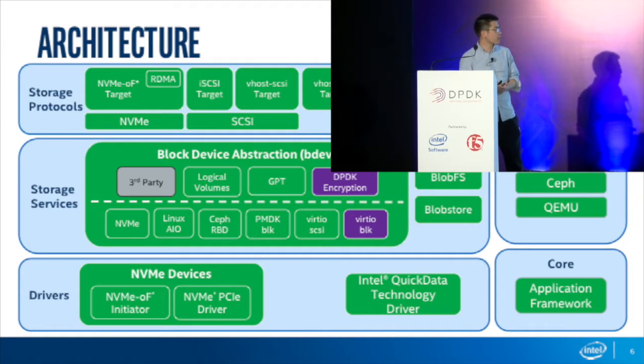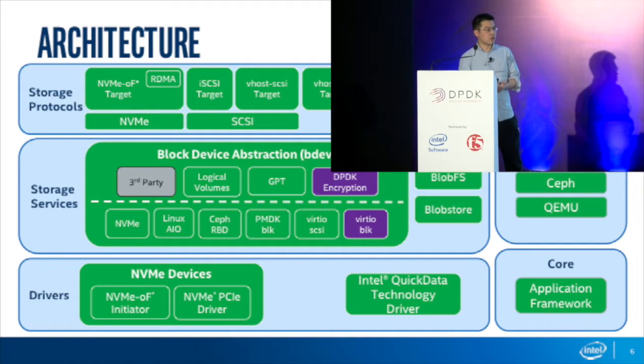And we also can construct user space drivers based on Ceph RBD. And we also have several new drivers like VirtIO SCSI and VirtIO block, which can be used as the initiator in a container.